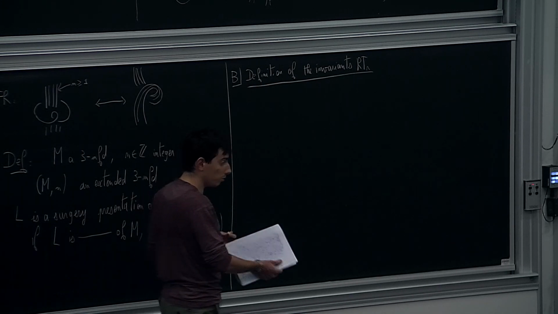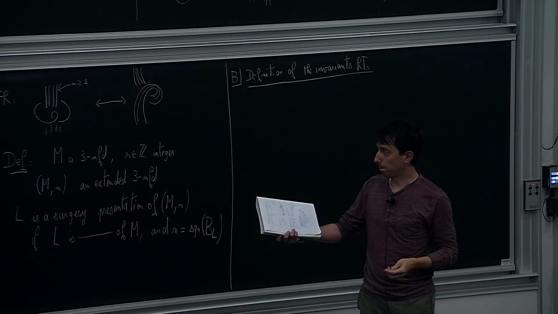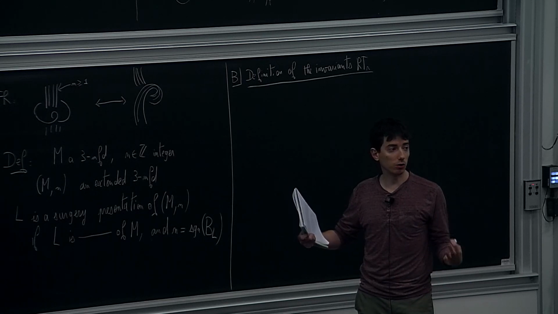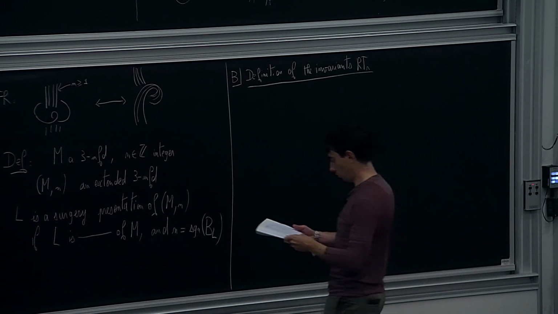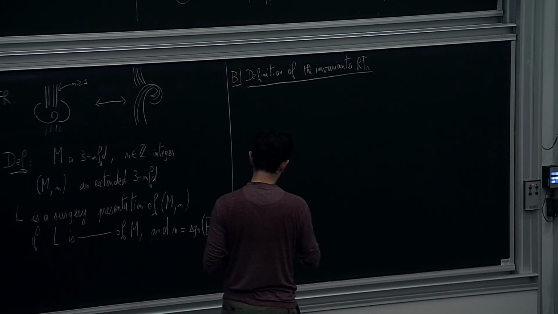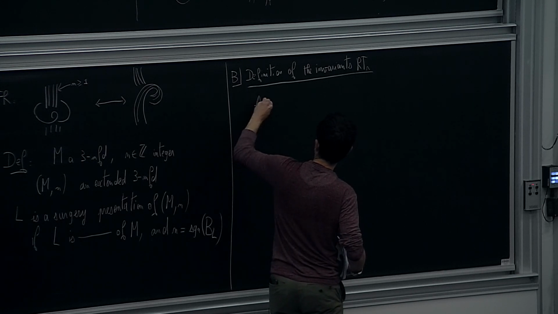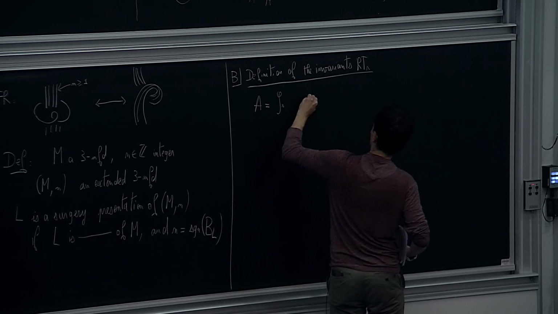So the invariants will be defined using a surgery presentation of a 3-manifold, and then taking a colored Kauffman bracket for a suitable color. So I will explain what this is. So in here, I will take A to be zeta r, which is a primitive 2r-th root of unity.